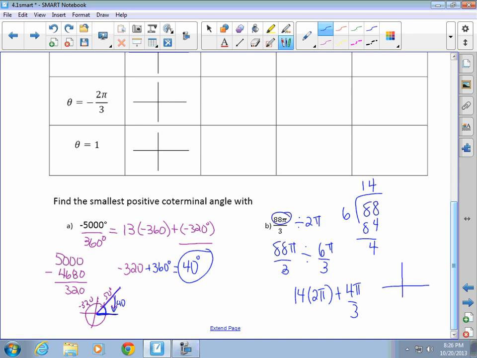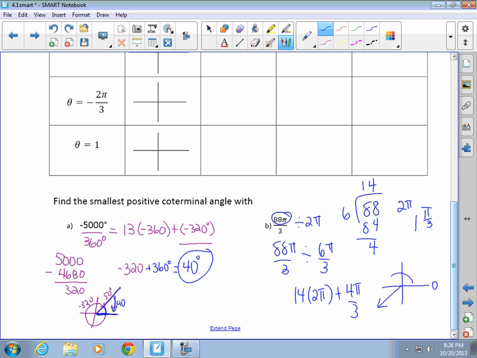So if I draw this, 4 pi over 3, if this is 0, and I'm thinking of denominators of 3, so 2 pi, this is the same as 1 and a pi over 3, so 1 full pi and a third pi, so that puts me down here.